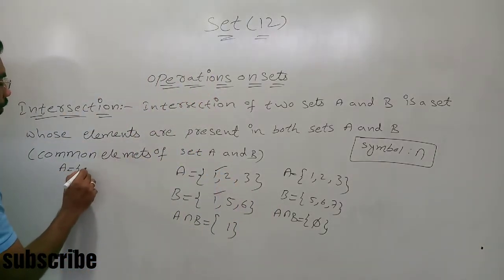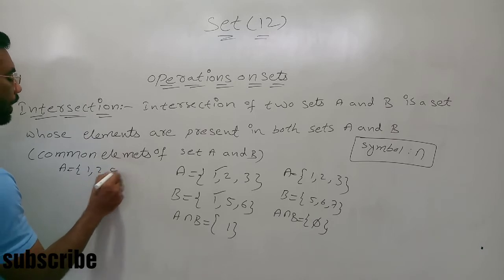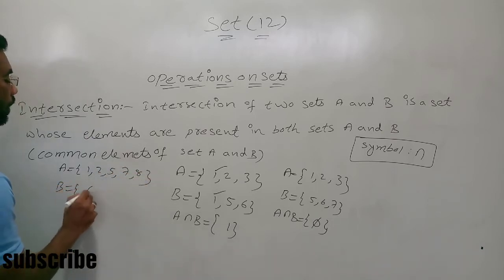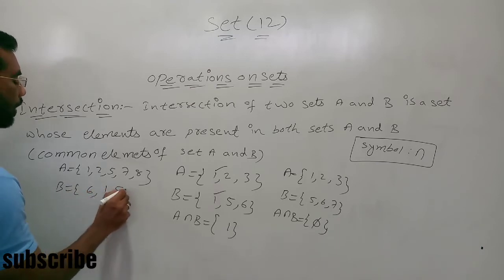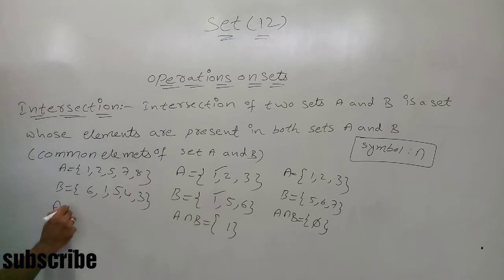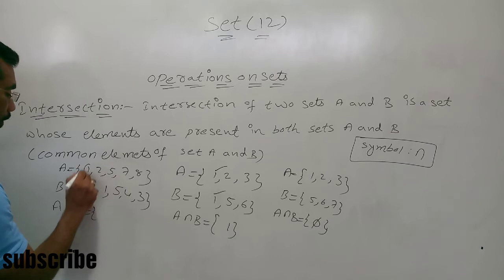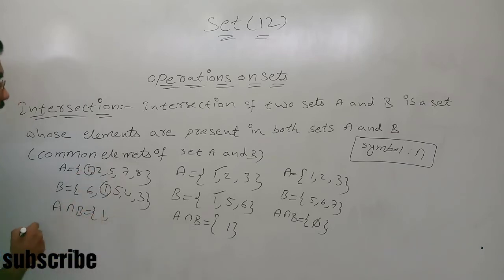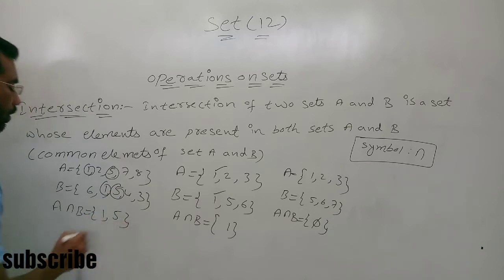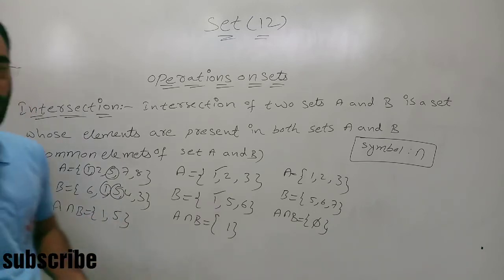A is equals to 1, 2, 5, 7, 8 and B is equals to 6, 1, 5, 4, 3. Then A intersection B is equals to, what is common? 1 is common. Next 5 is common. Is there any more? No. So A intersection B is equals to 1, 5.